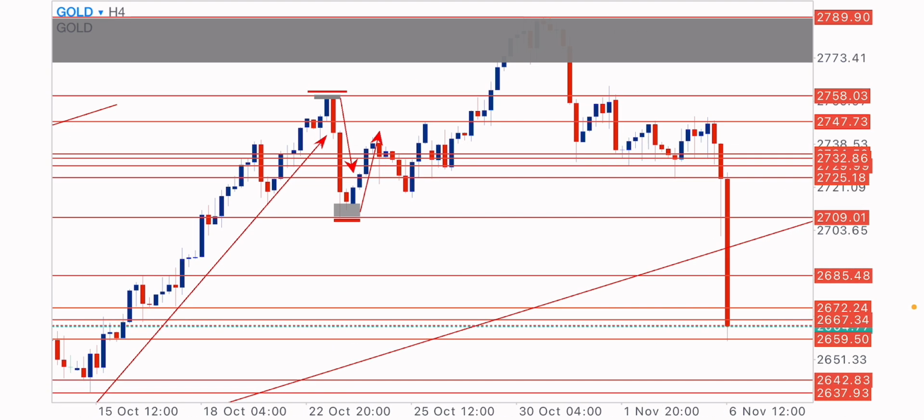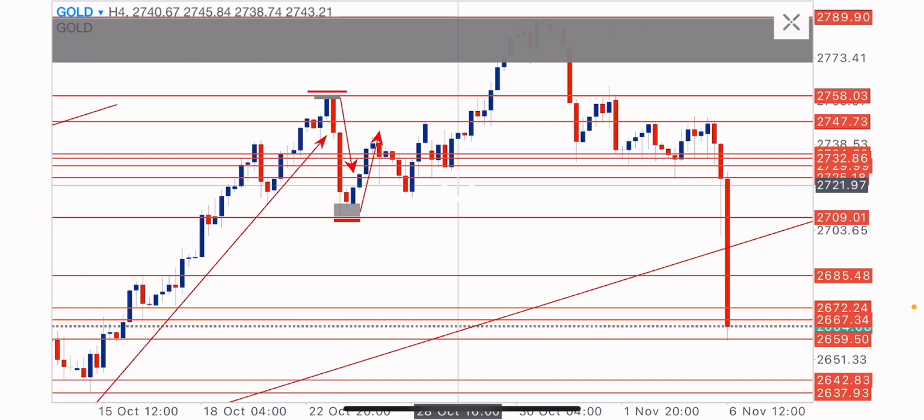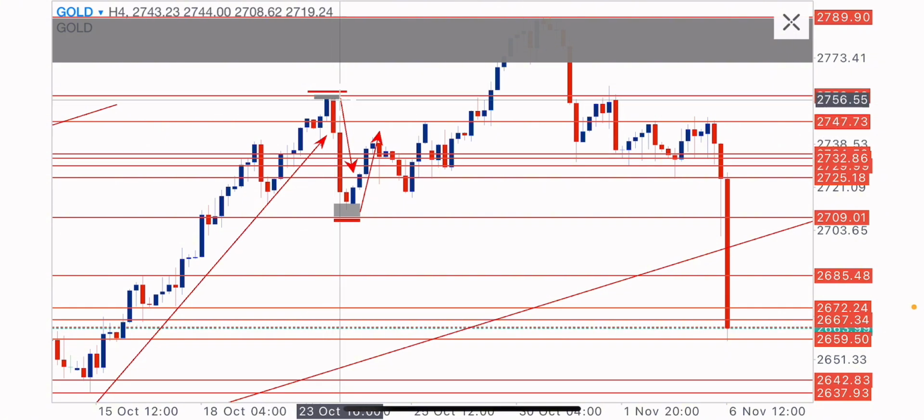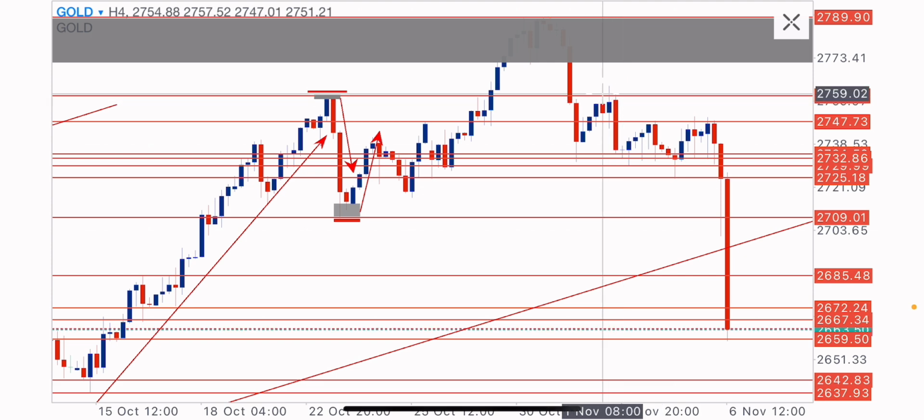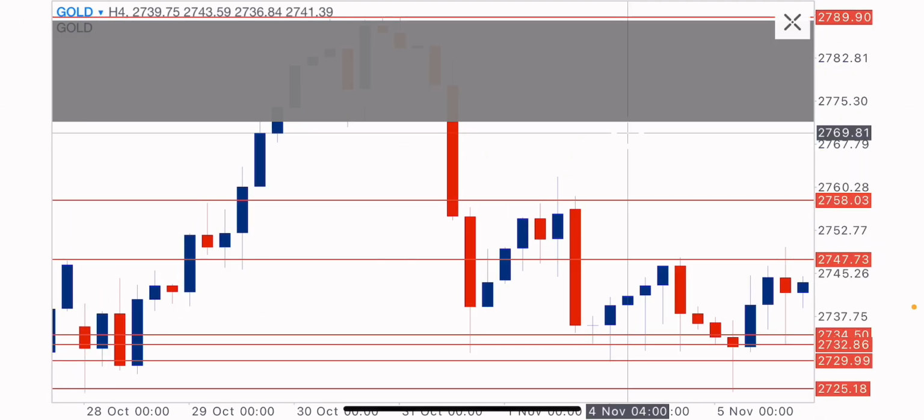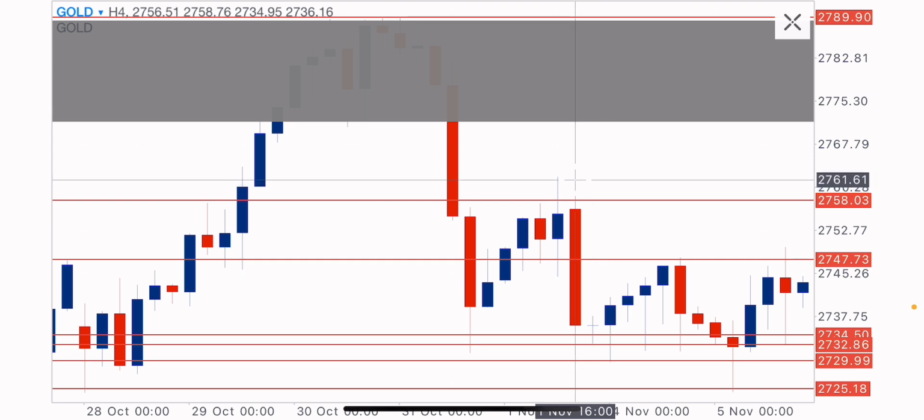Okay, so let's go back to what I was talking about. Okay, so we can see that this level is a respected level, whereby the market reversed at this point here, right, at our zone. But most people will be asking a question, Major, let's say we placed our stop loss at this level here, and then we entered our trade here, but our trade was going to be invalidated by this wick here.